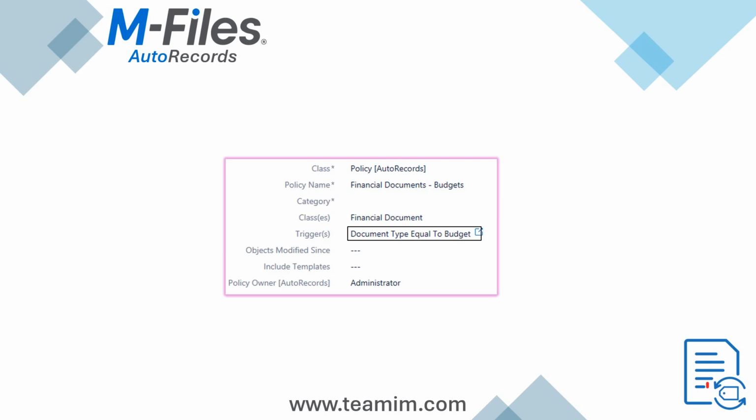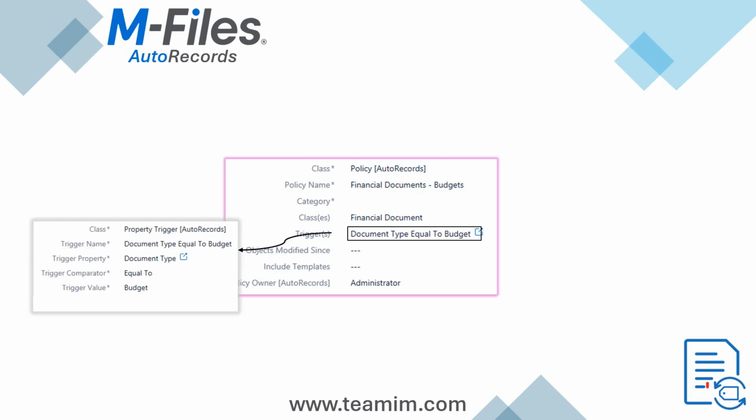In this case, we want to set up a property trigger, with the triggered property set to document type. The document type property is used by the financial document class in our example to separate various types of financial documents. Next, we'll set the comparator to equal to and the value to budget. Importantly, document type is a select list, so behind the scenes, M-Files assigns an ID to each possible value.